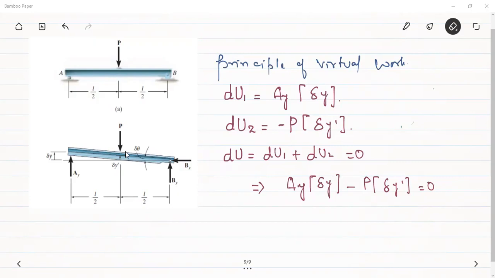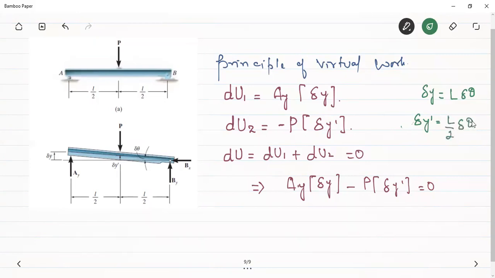We can see that this delta theta is just enough to tell us about the displacements of all the points in the beam. Now from the geometry it is clear that delta y is equal to L delta theta, for a small displacement of delta theta. And this delta y dash, for a small displacement of delta theta, will be equal to L by 2 delta theta.